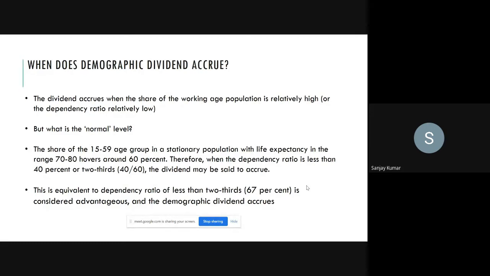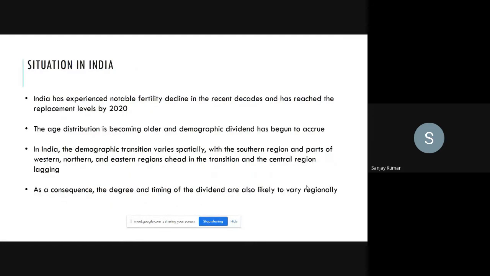Then we will have some period of time when the dependency ratio will remain low, and after some time it will start increasing. You will see further how we estimate that in a minute from now.